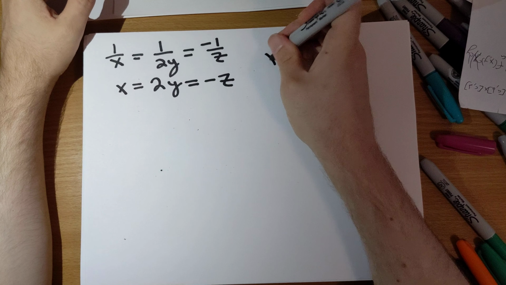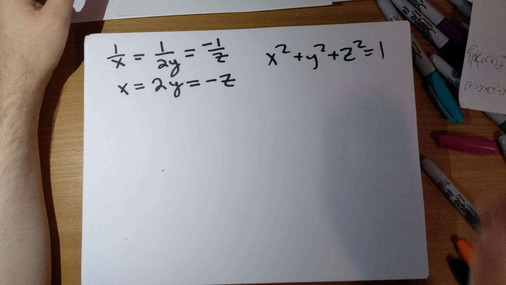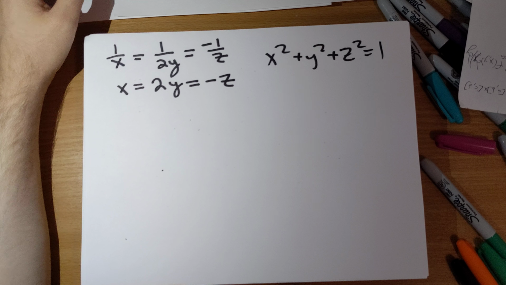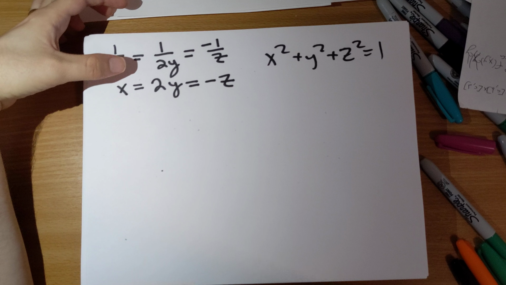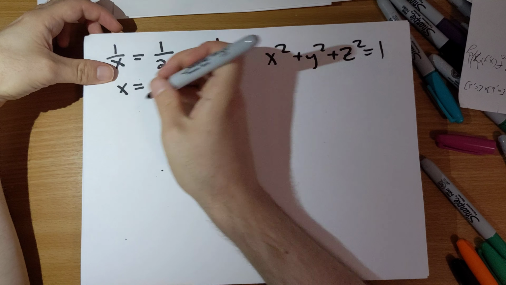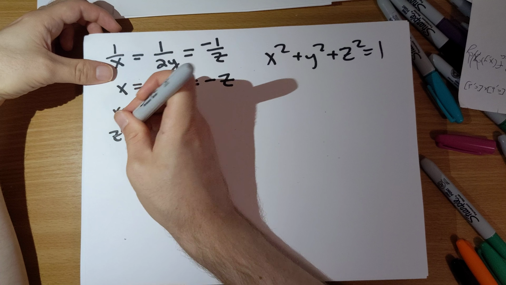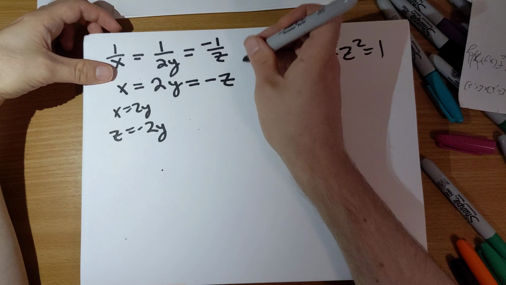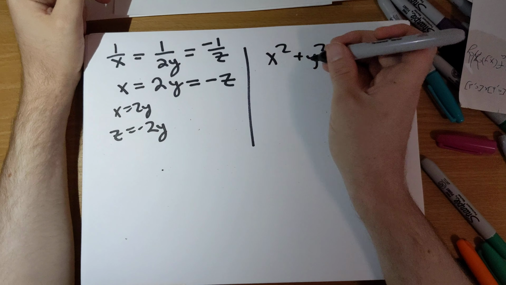Okay, so remember our other equation, x squared plus y squared plus z squared is equal to 1. Let's write everything in terms of y. So x is 2y, and z is negative 2y. So plug all of this into this equation here.